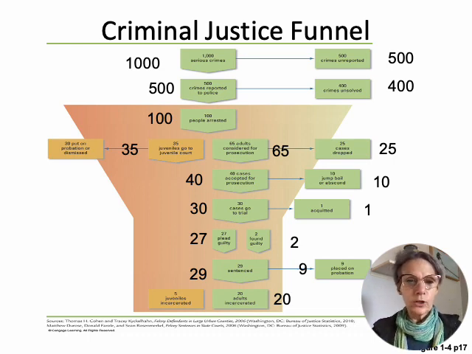Let me put on the magic pen so you can illustrate some of this. Of 1,000 serious crimes committed in the United States, half of them go unreported to the police. So a crime is committed, but cops never even find out about it. Right there, we have a funneling effect. It cuts it in half.